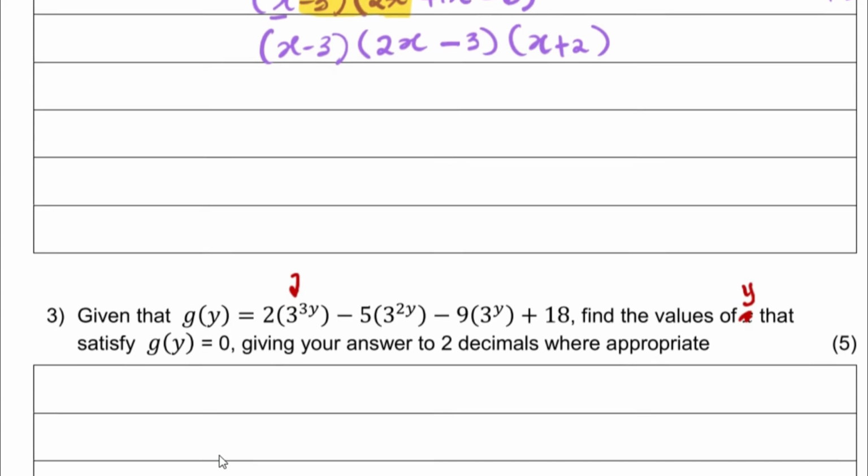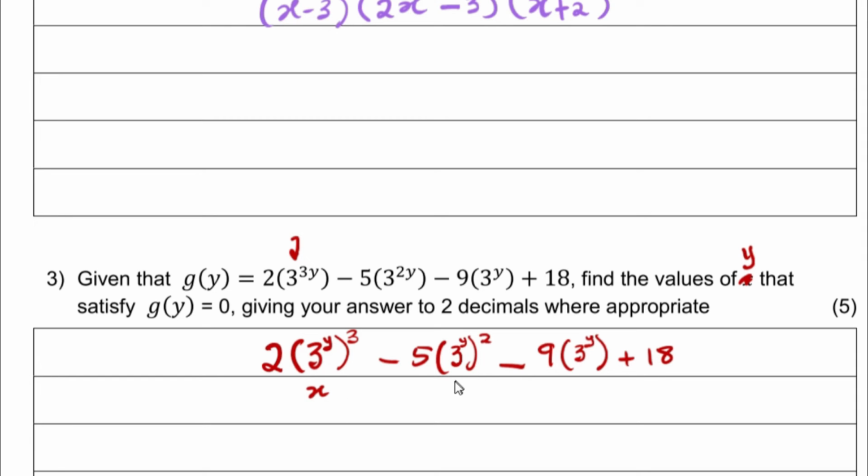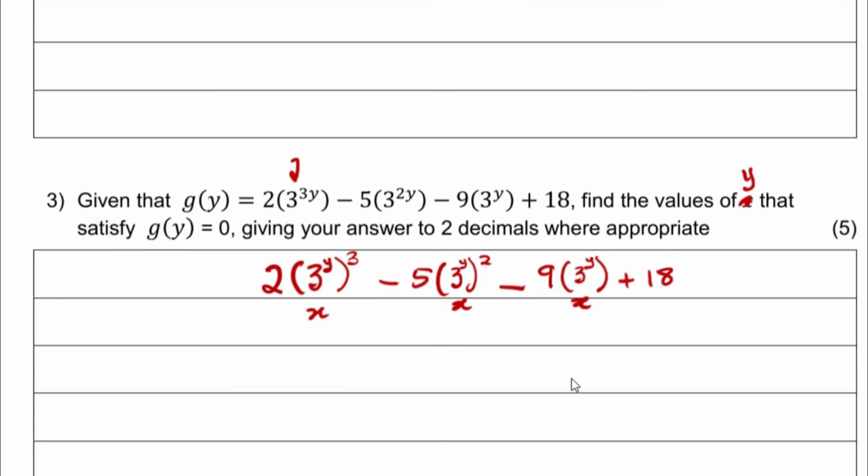Okay, so if you think about it, I'm going to rewrite it one more time. This here is the same thing as saying 2(3^y)³ − 5(3^y)² − 9(3^y) + 18. So you can see that if you actually put x there, it looks exactly like the formula that we were working with.